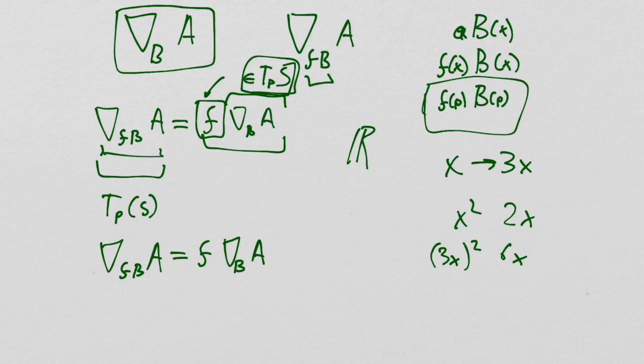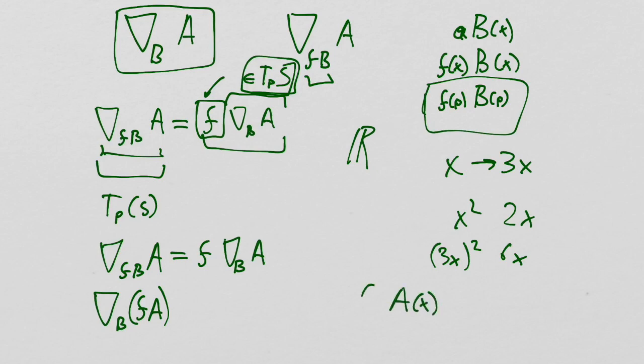But now the question is what about scaling A with the same kind of function? What if I did this? F A, where I'm now taking the directional derivative of the vector field F A in the direction of B. So now it's the same thing.